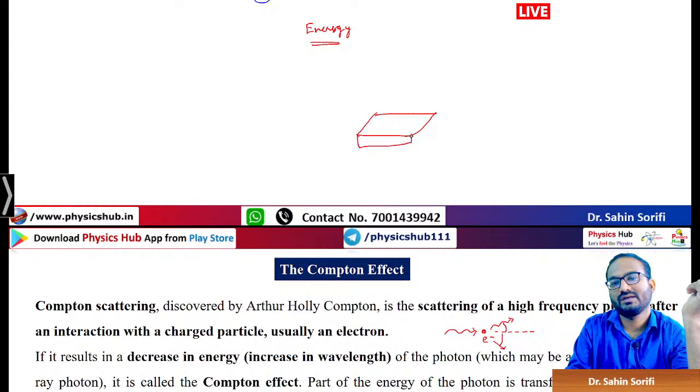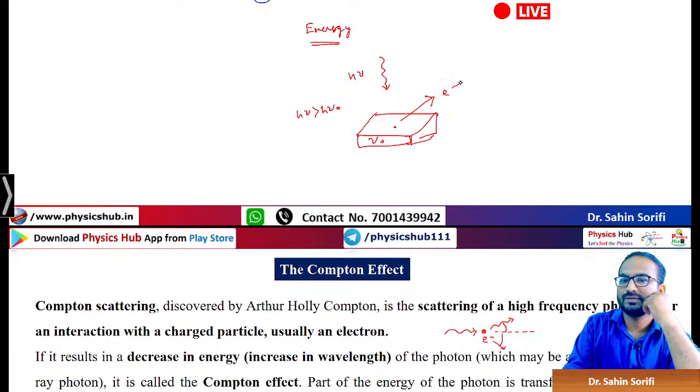It is like the entry ticket. So if you send one photon, let's say, the electron will be ejected if h nu is more than h nu 0. Okay, electrons will be emitted.